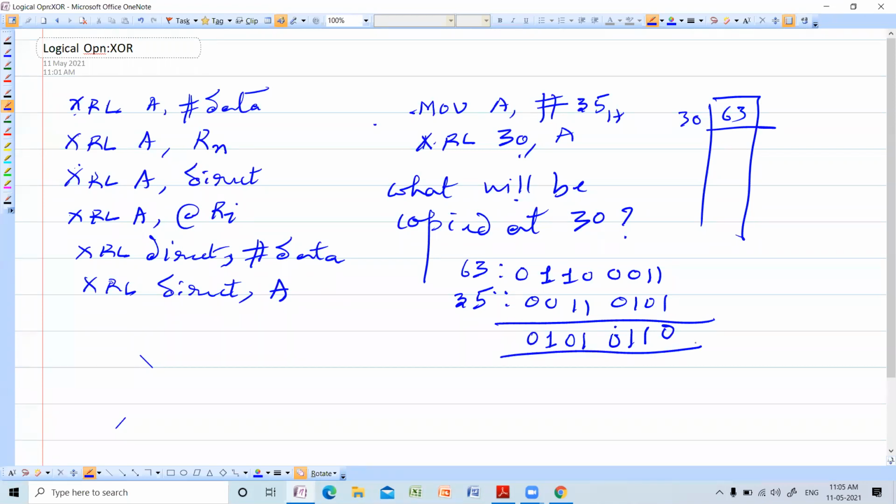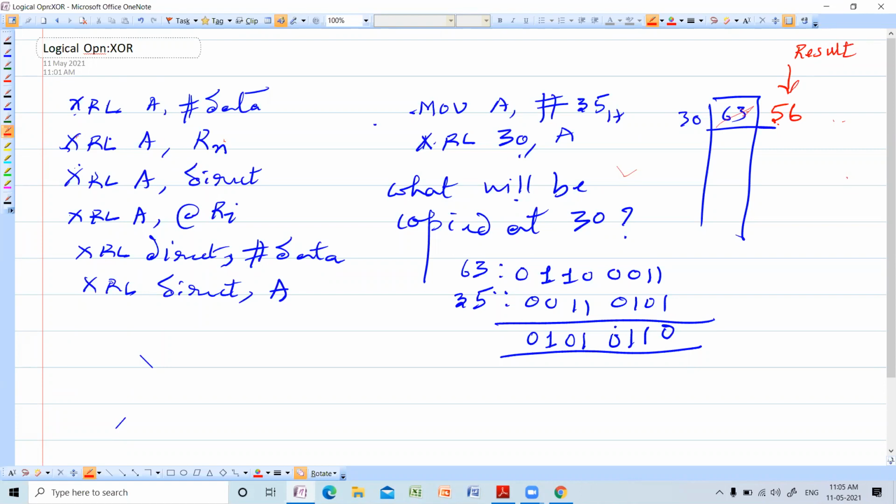So at the location 30, what will be copied? The result copied is 56. 56 is the result. So have you understood this?